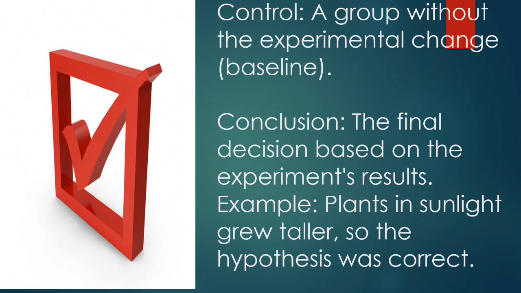For instance, you've placed a plant in sunlight, and it grew taller. Remember, you predicted that with sunlight, this plant will grow taller. And lo and behold, you tested it, you placed it in the sunlight, and it grew taller. So, in other words, your hypothesis was correct.